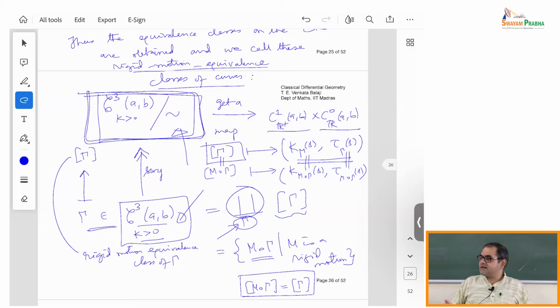Now, what is the claim? The claim is that this map is bijective. That is the classification theorem. That is, there is a one-to-one correspondence between rigid motion equivalence classes of curves on one side and pairs consisting of positive curvature functions and torsion functions on the other side. What does this mean? Start with a curve on the left side, you get a curvature function and a torsion function.